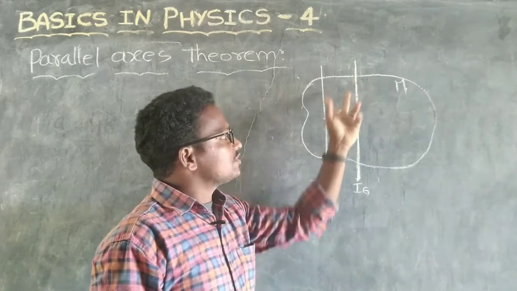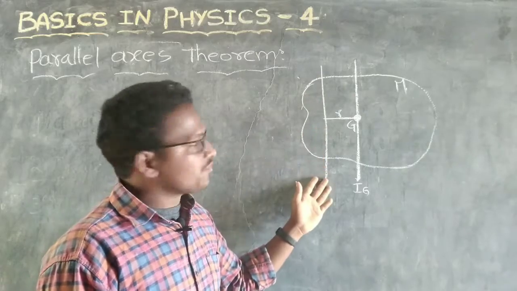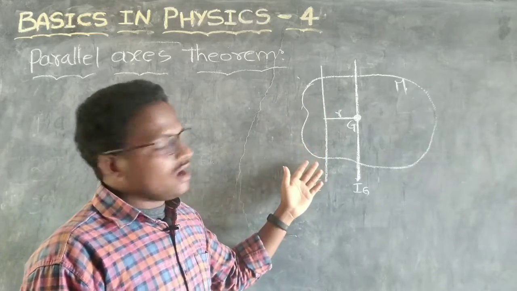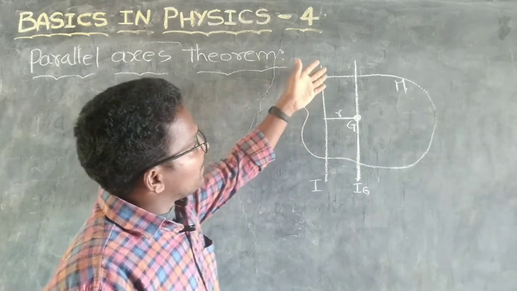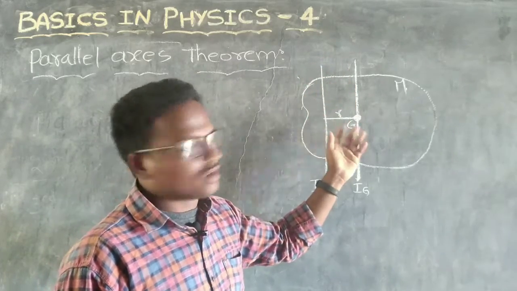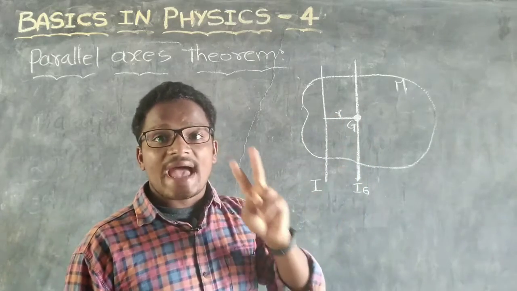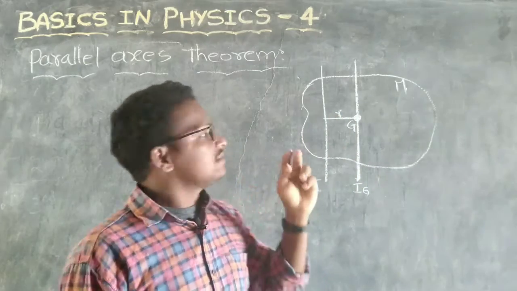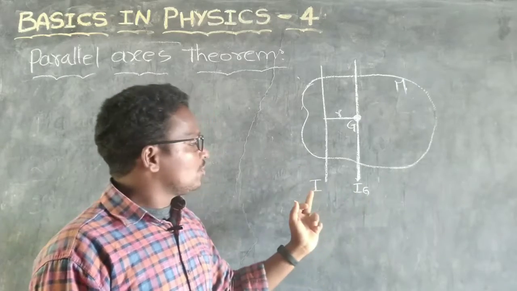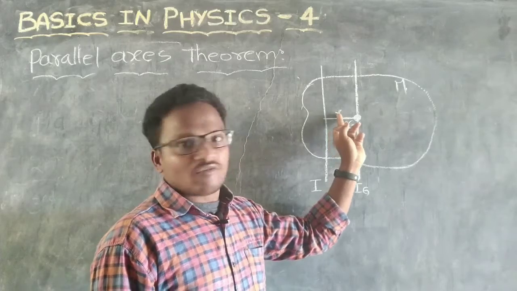I is the moment of inertia of a body about the parallel axis, and R is the distance between two parallel axes. Then we know Ig, we know I, we know G, we know R.